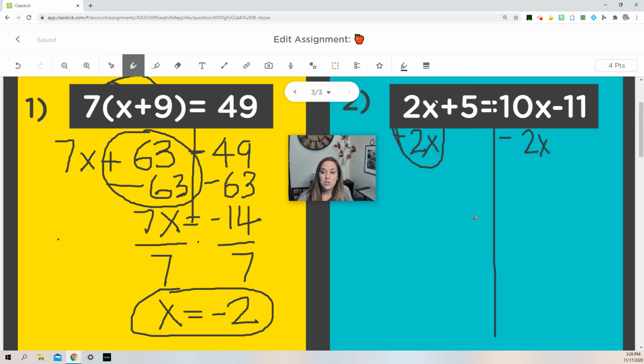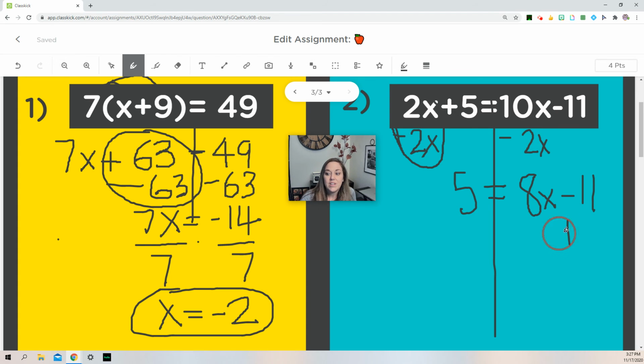So now after my zero pair is gone, I have 5 equals 10x minus 2x is 8x, 8x minus 11, and then I want to get my x's on one side, they're already over here, and I want to get all the numbers without x on the other side.